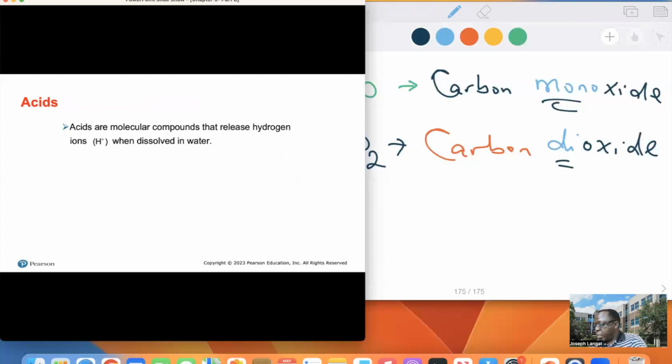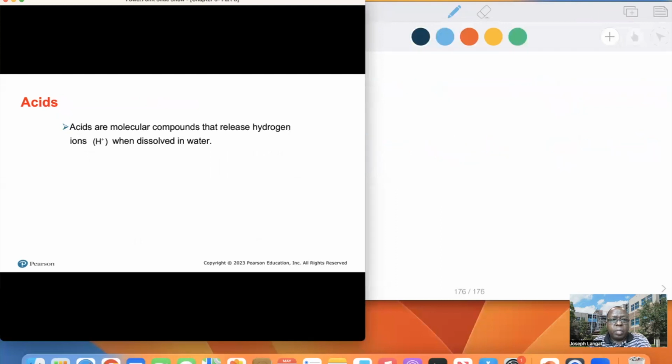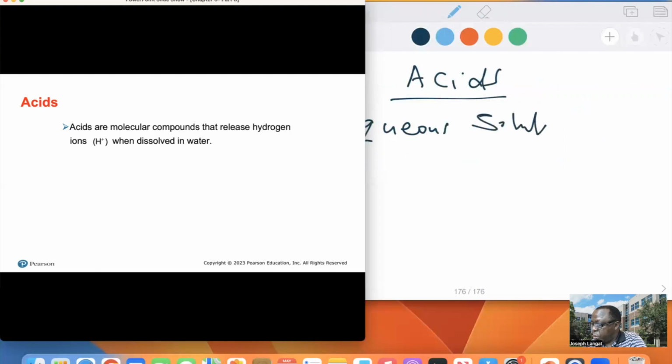Let's shift gears to acids. And with acids, we have two types of acids. All right. This is an aqueous solution. Aqueous solution, which means AQ, all right, means dissolved in what?